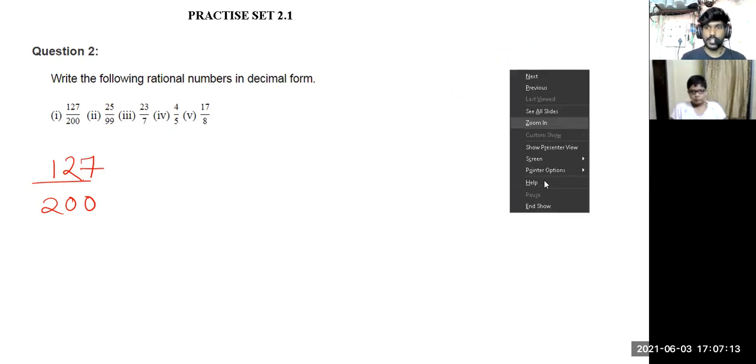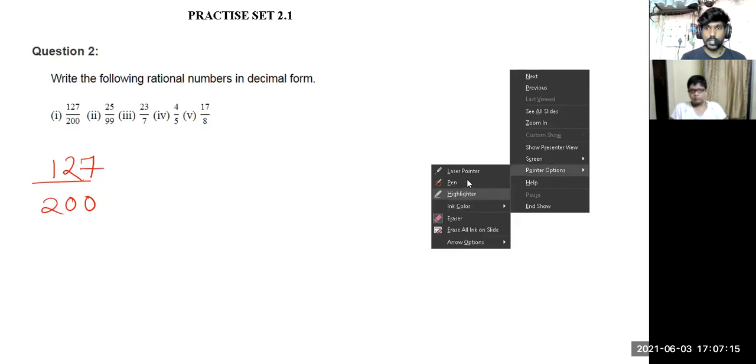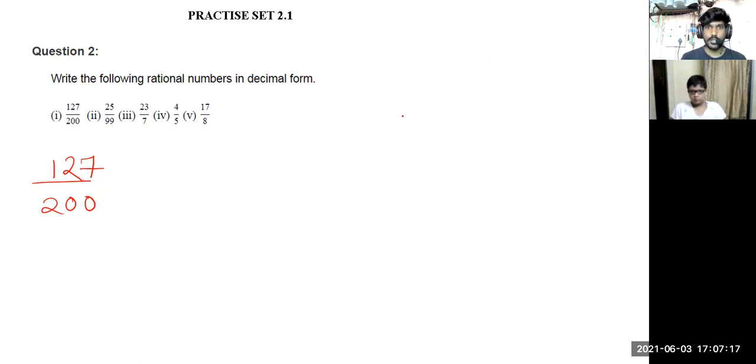Okay, before I start with that method, I want you to tell me the answer for this first. Suppose if I have 42 upon 10, what will be the answer for this in decimal form?